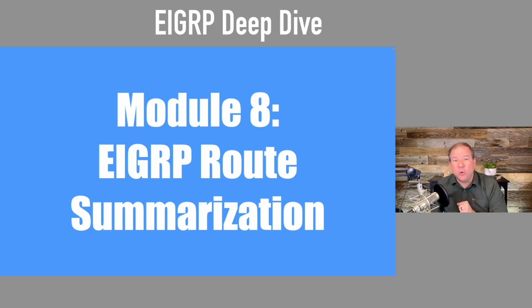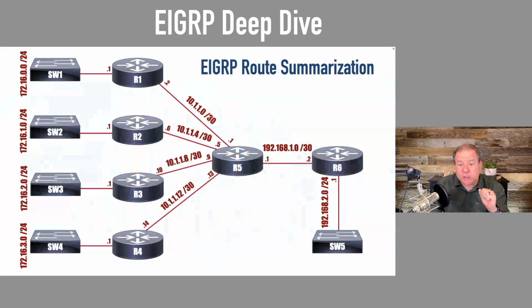Variance 2. Next up, let's talk about summarization. And we talked about this in our OSPF deep dive session as well. We said that instead of advertising a lot of individual routes, especially in something like a service provider environment, we may want to summarize those networks. And when I say summarize those networks, let me give you an example here on screen.